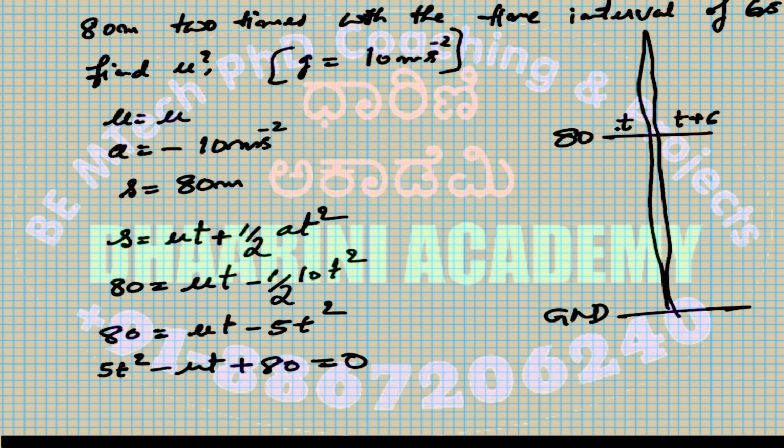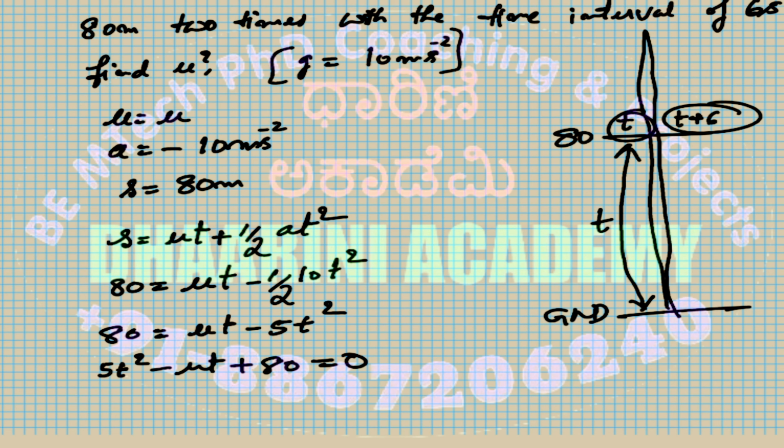Okay, so you see it crosses 80 at t, and it comes back once again crossing the 80 at t plus 6. So we don't know what is the t. Right, so right now I'm trying to calculate how much time it takes to reach this t. From ground to this is t. Right, so that's what we are using here. 5t square minus ut plus 80 is equal to 0.